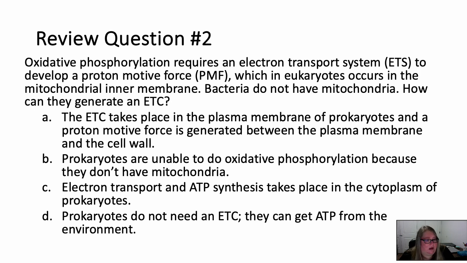B, prokaryotes are unable to do oxidative phosphorylation because they don't have mitochondria. C, electron transport and ATP synthesis take place in the cytoplasm of prokaryotes. And D, prokaryotes do not need an ETC. They can get ATP from the environment. Okay, so take a second to pause the video and see if you can find the answer.